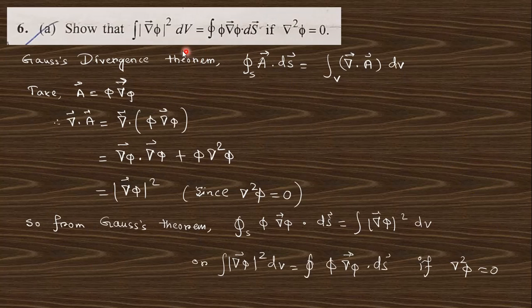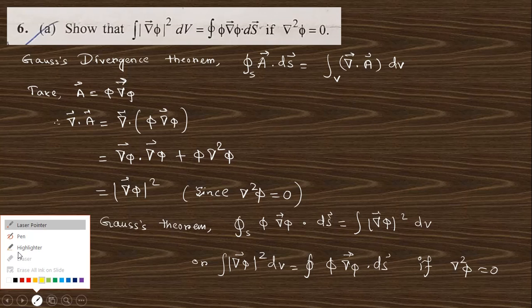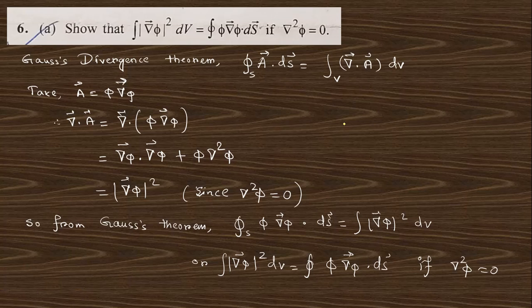In this formula where grad square phi is 0, from the Gauss divergence theorem you can say that the integral of divergence of A equals the surface integral of A dot dS, taken over the volume dV. Now if we take this vector A equal to phi grad phi, the divergence of A equals the divergence of this. You know the divergence of phi A is nothing but grad phi dot A plus phi divergence of A, this is the vector identity.